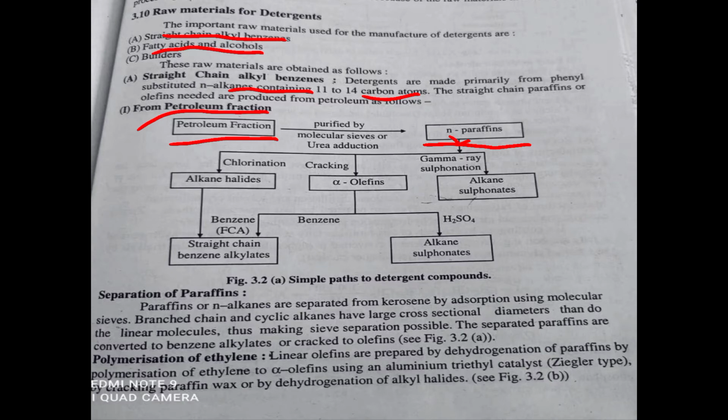N-paraffin can also be divided into three categories, that is chlorination, cracking, and gamma ray sulfonation.